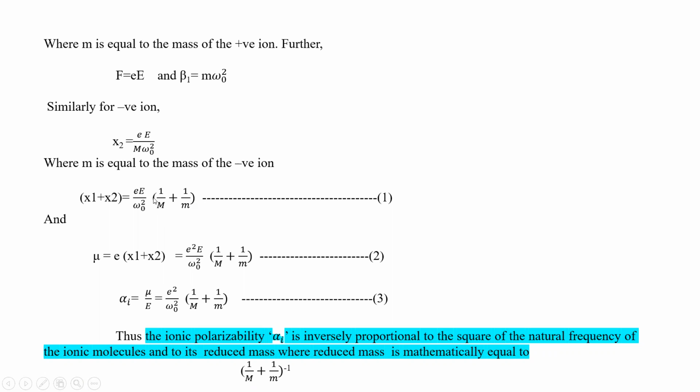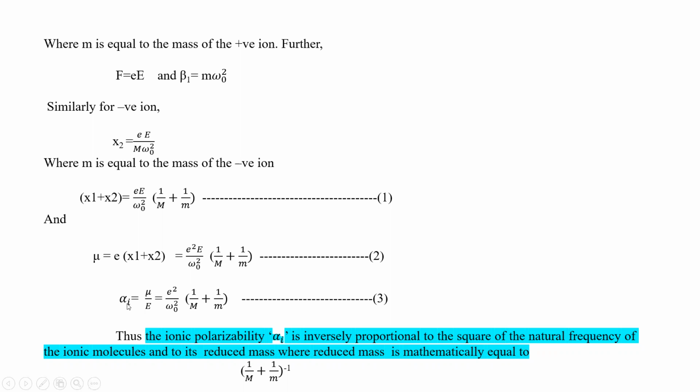Okay, so just substituting that value in that expression, induced dipole moment mu is equal to e into x1 plus x2. So it is multiplied with that value, x1 plus x2 into e. இப்போ x1 plus x2 பதிலா இந்த valueவை substitute பண்ணும்போது, e squared E by omega naught squared into 1 by capital M plus 1 by small m.